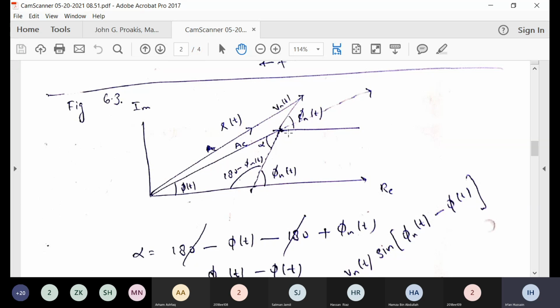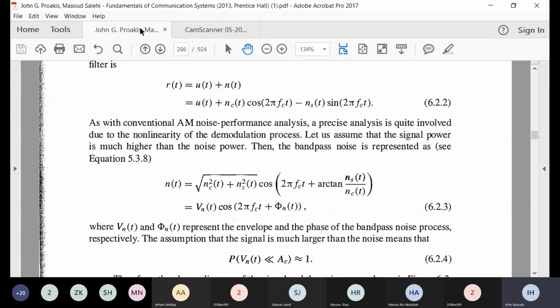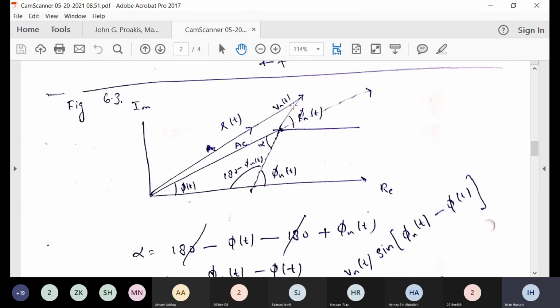Now, I know that my signal is being added to a band pass noise, as we just saw here. So we have our modulated signal, which is just Ac with this phi(t) angle, added with this band pass process, which I can represent as V_n(t) with a phase of phi_n(t). So I have this noise V_n(t), and it makes a phase phi_n(t) with the x-axis.